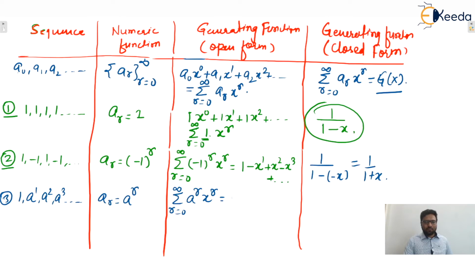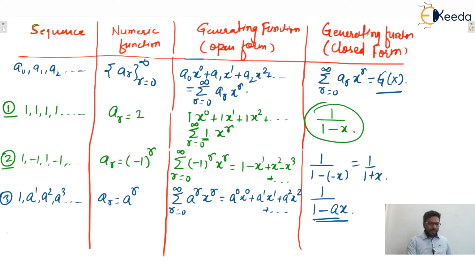So this becomes a0 x power 0, a power 1 x power 1, a square x square up to infinity. This is also an infinite GP with common ratio equal to ax. So 1 upon 1 minus r, where r is ax. So that will be the generating function in closed form, isn't it? I hope this one is clear to everyone.